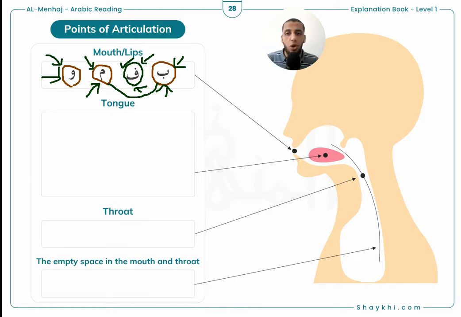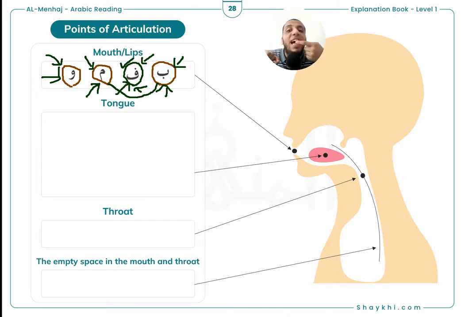So these are the four letters that are pronounced using the lips. One of them is pronounced by using just one lip, the inner bottom lip with the edge of the upper two front incisors, which is the letter fa.